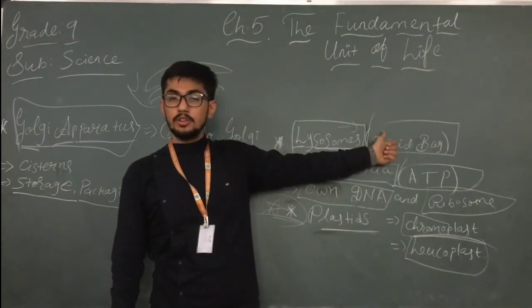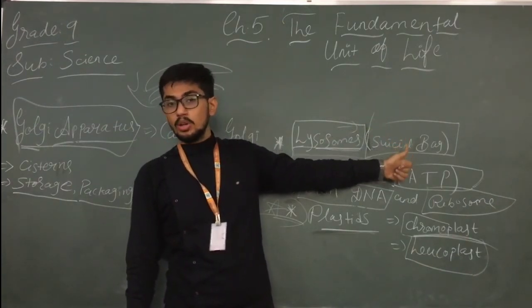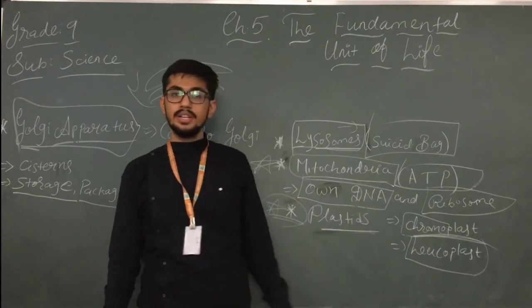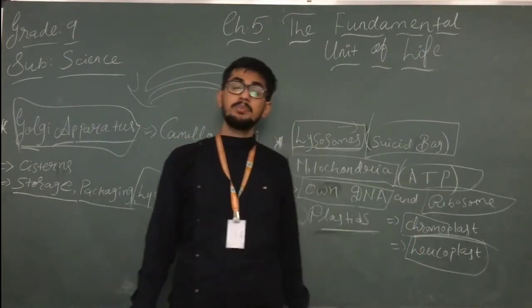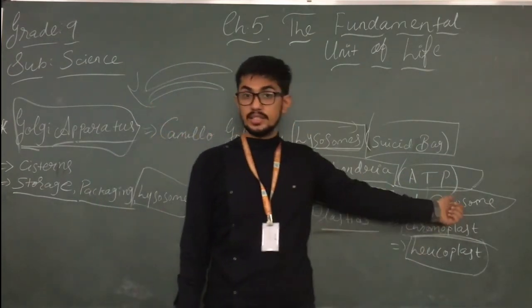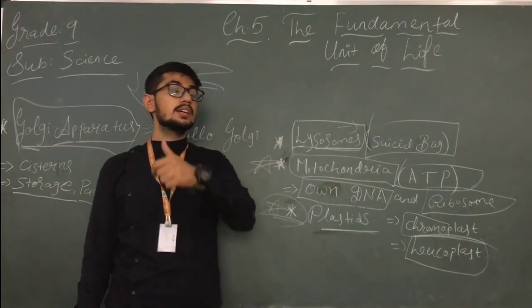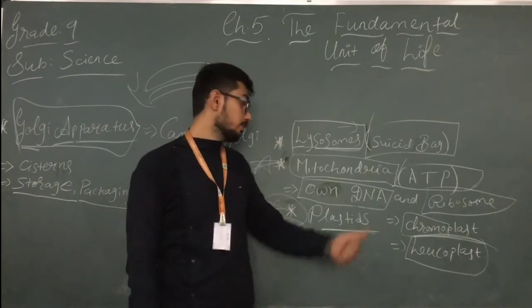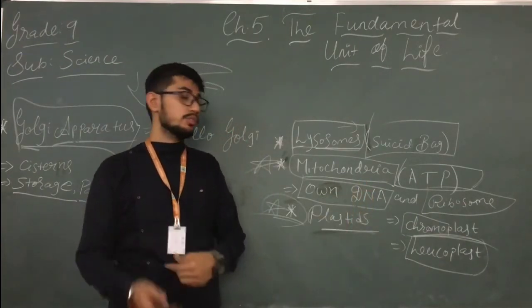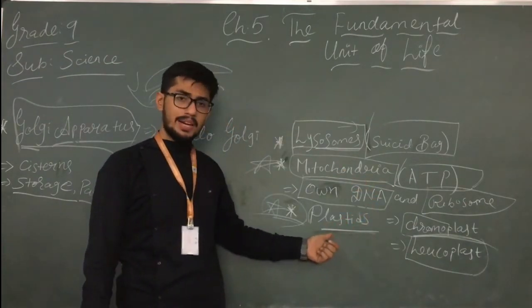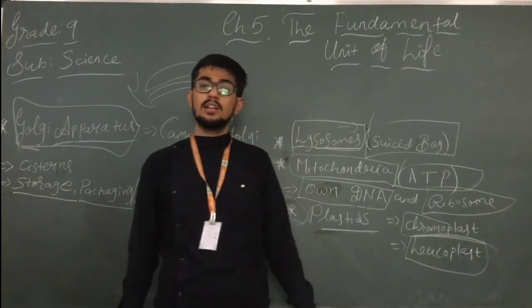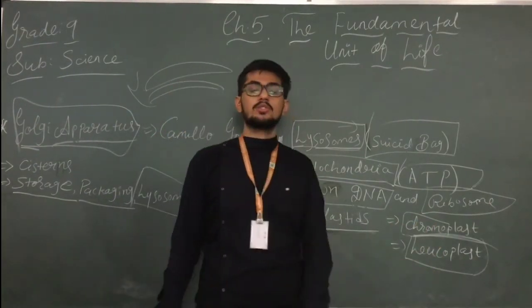Lysosome kills the foreign particles, does the metabolism and even works as a cleanup crew for the cell. Mitochondria is useful for making ATP, has its own DNA as well as ribosome, and has a deeply folded two-layer membrane to increase the surface area for making ATP. Plastids are present only in plants: chromoplast, leucoplast. Chromoplast is for colors like chlorophyll, leucoplast is for storage.